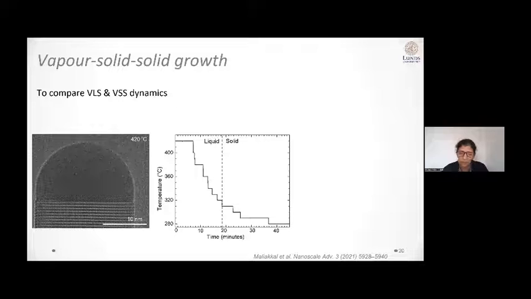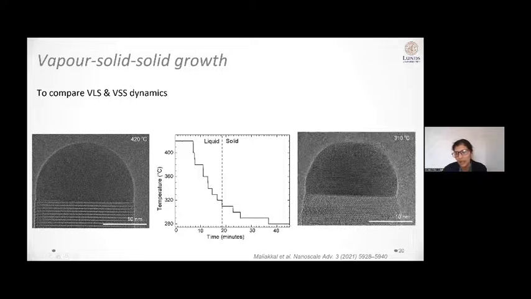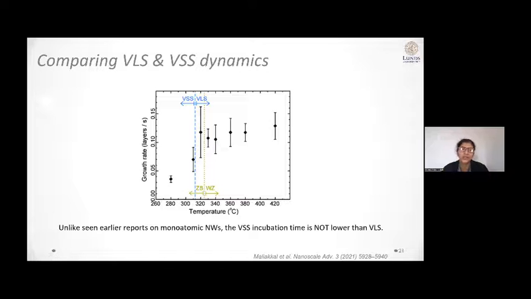When the temperature was around 320 degrees Celsius, the particle solidified, and then we have vapor solid growth in the rest of the temperatures. And in the vapor solid growth, the catalyst obviously is a solid particle. And we can look at the average growth rate when the particle was a solid versus when it was liquid. So here we have plotted the growth rate as a function of temperature.